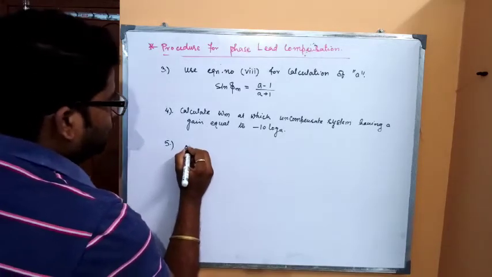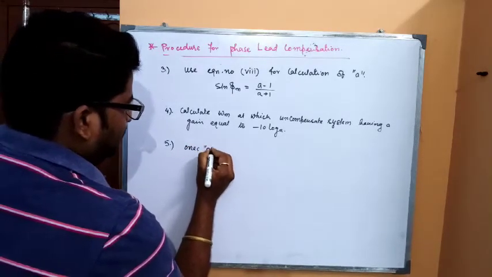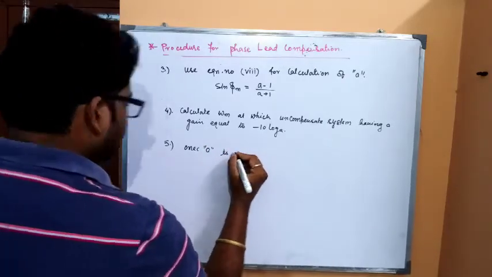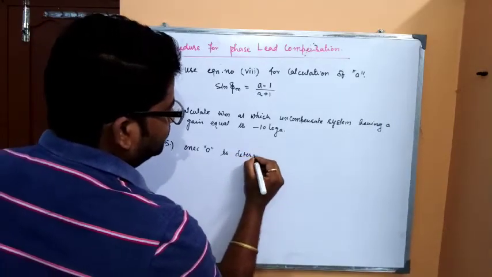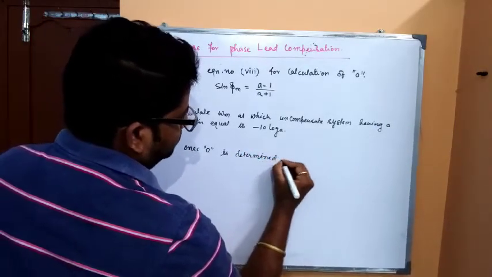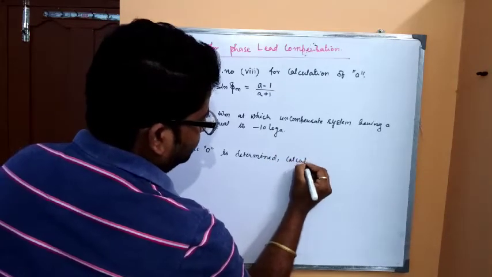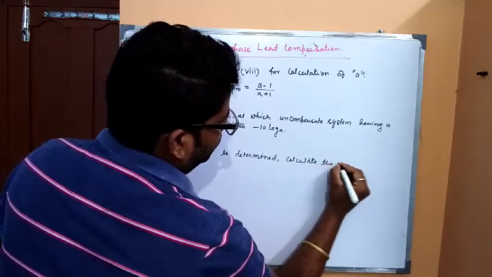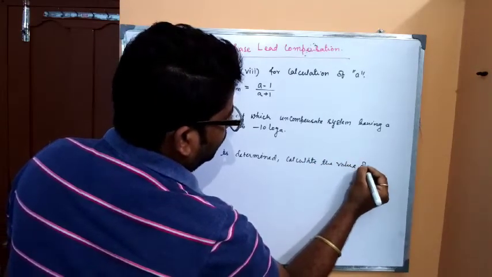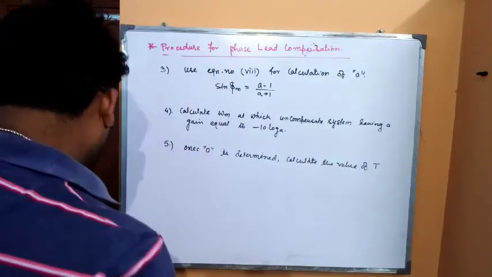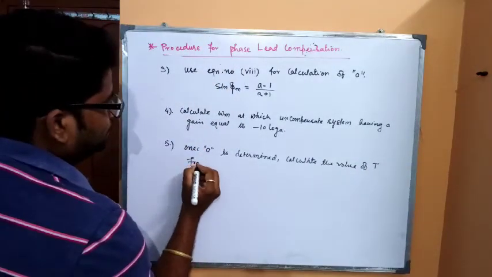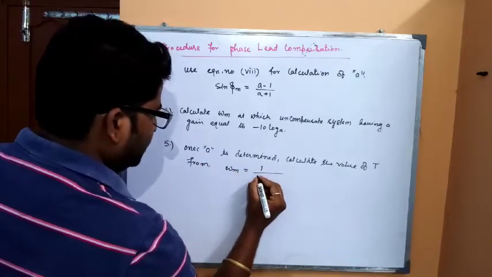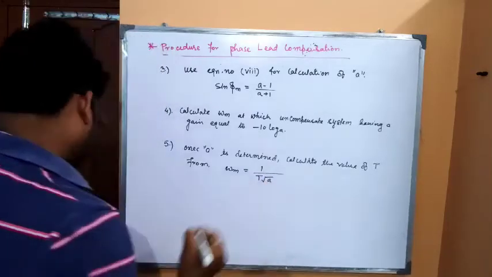So note down, once a is determined, calculate the value of t from omega of m is equal to 1 by t into root of a.